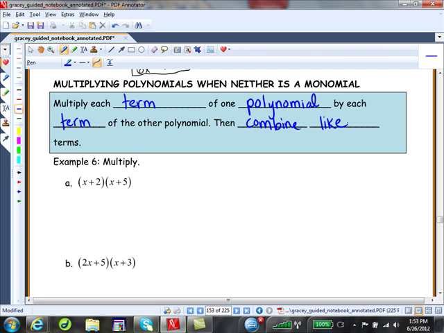So here we go. I'm going to keep this second binomial locked. Okay? So this guy is stuck together. And we're going to split the first binomial.